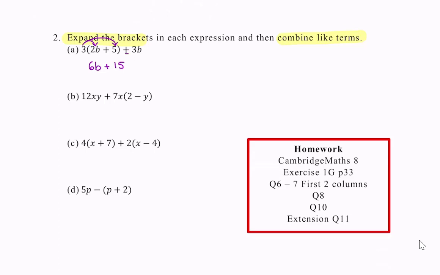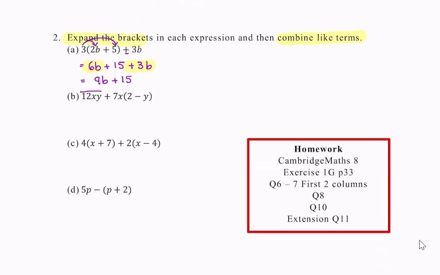And this plus 3b I'm just going to put on the end. So now I'm going to collect my like terms. I've got 6b and plus 3b, so that is 6 plus 3 is 9b. And 15 doesn't have any friends we can add to him, so he just gets written on the end as plus 15.